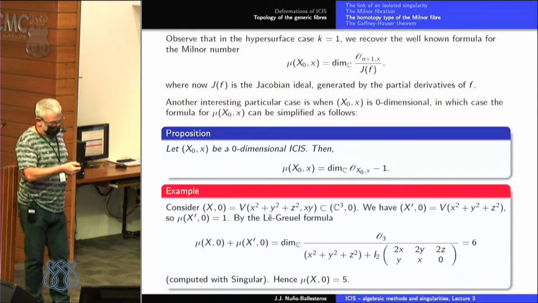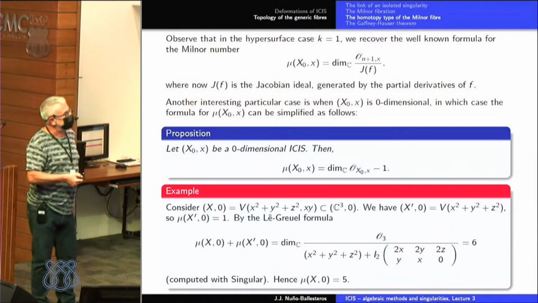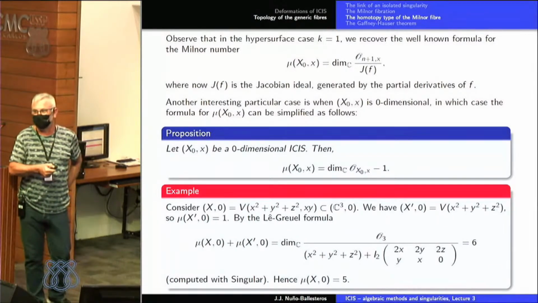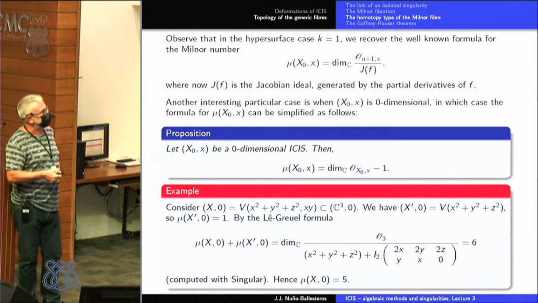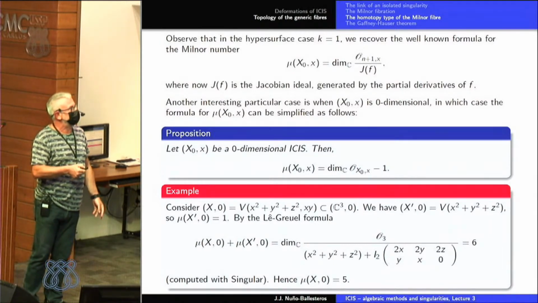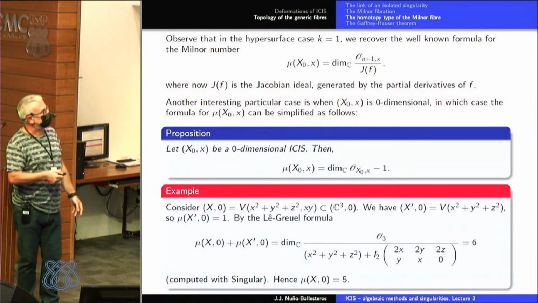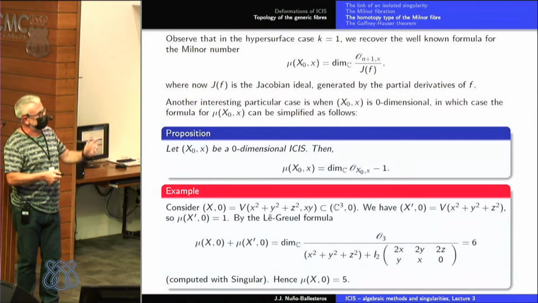Okay, an example, which is the same example as yesterday in the lecture by Matthias and Anne. This is the S5 singularity, but there is a difference because they considered the functions in a different order. The xy was the first function, and x squared plus y squared plus z squared was the second.